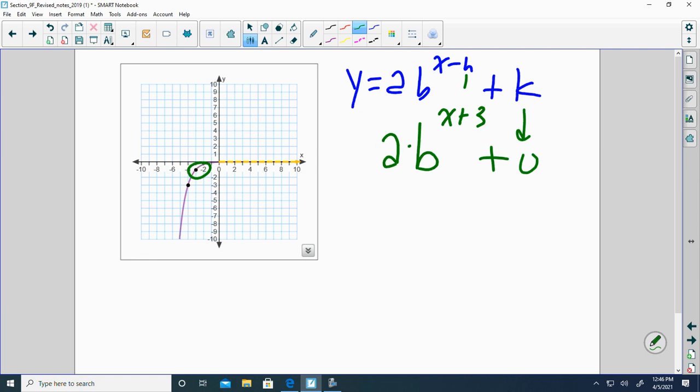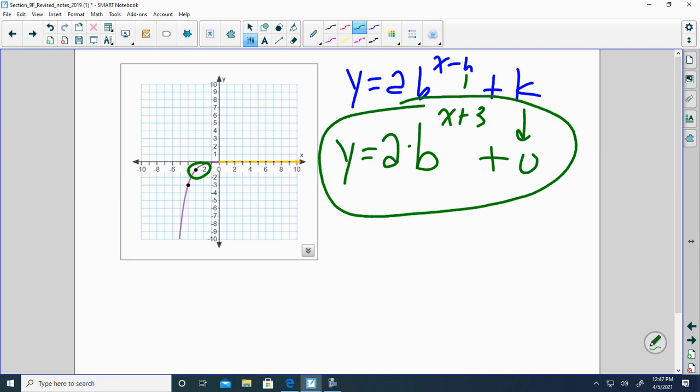We have an a that we don't know, and we have this. So I got all of this just by kind of looking at the asymptote and the shift. And again, the shift, look for the value that is closest to the y-axis, and that'll tell you what your h value shift's going to be. Cool? Everyone all right?